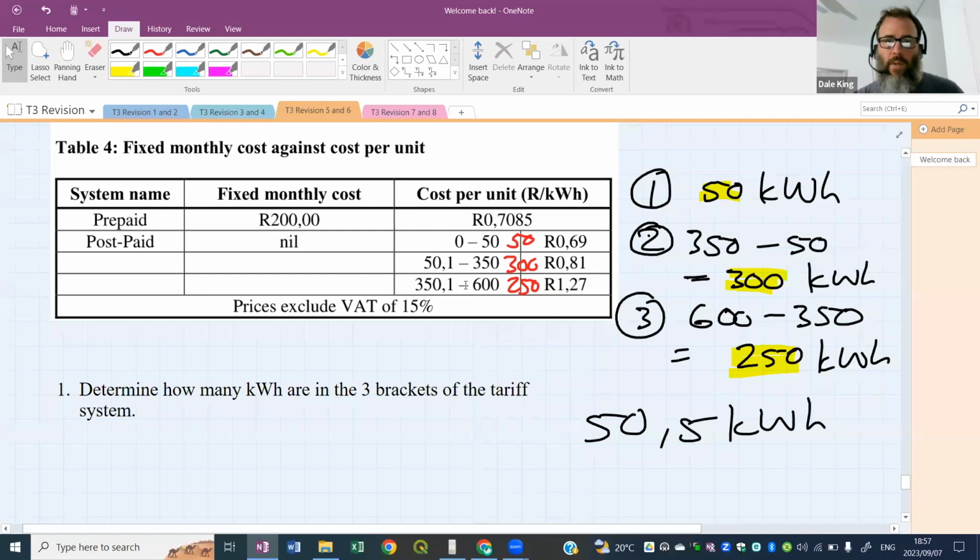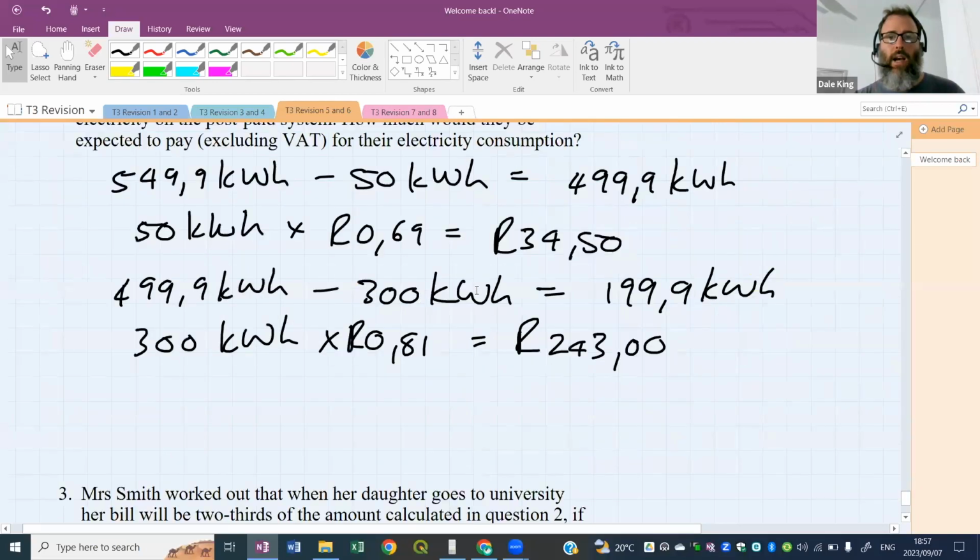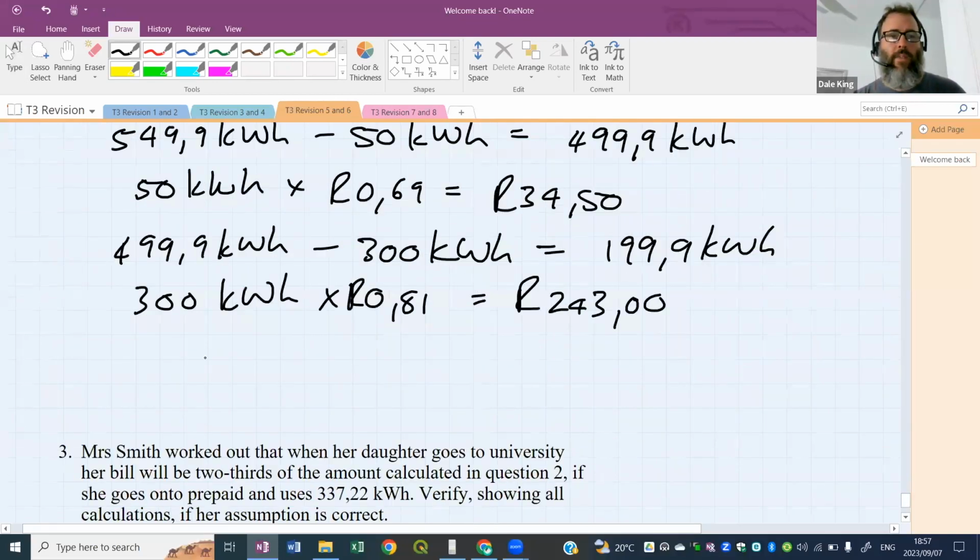So every kilowatt hour in there is charged at 1 rand 27. I've got 199 of them, so I don't need to do a subtraction sum anymore.